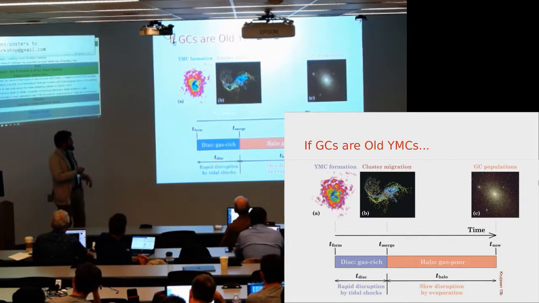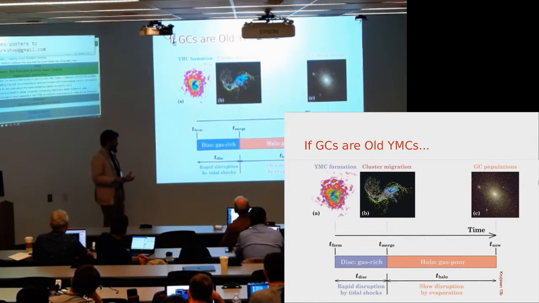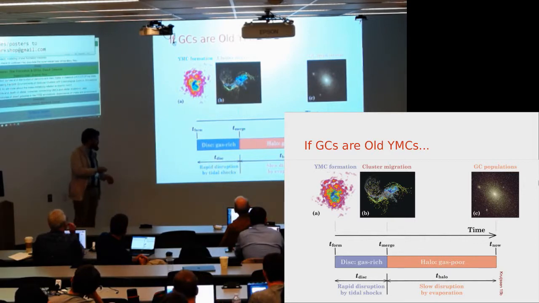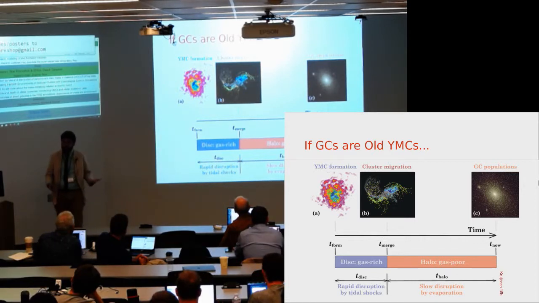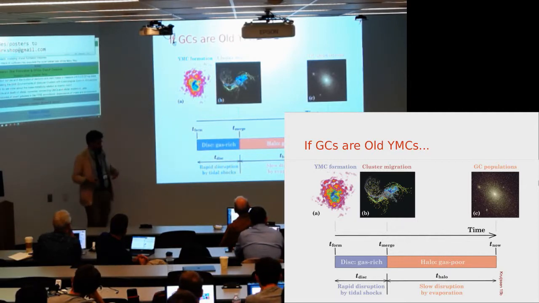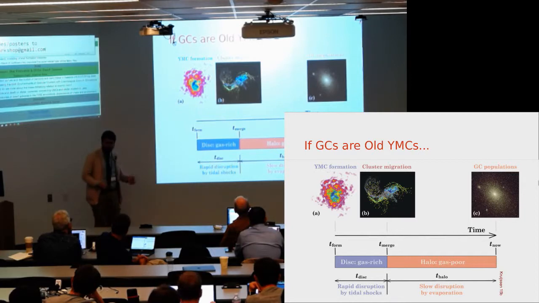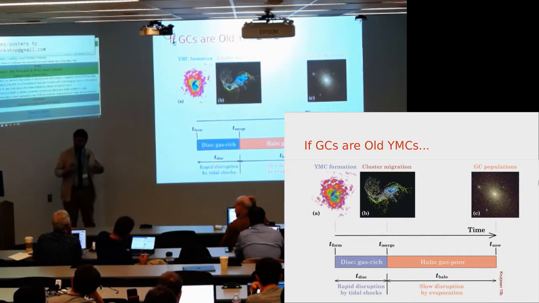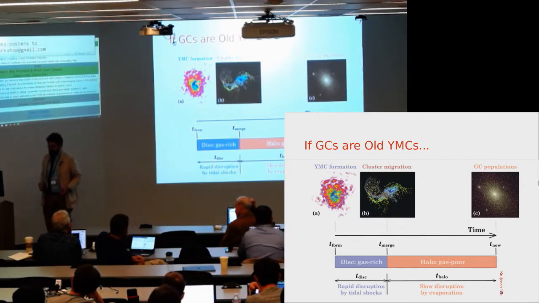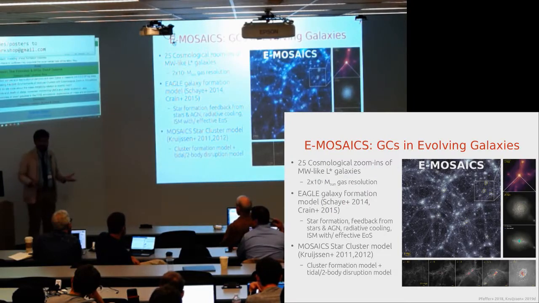We need a model that includes the effects of cosmology, namely the merger history of a galaxy, because that's ultimately what would then kick these globular clusters out into the halo, where they would then evolve more slowly through evaporation. So really you need three critical pieces. You need a model for formation, you need a model for tidal evolution, and you need that all put together in a cosmological environment. And that's what brings us to E-MOSAICS.